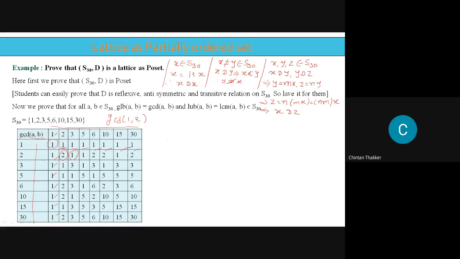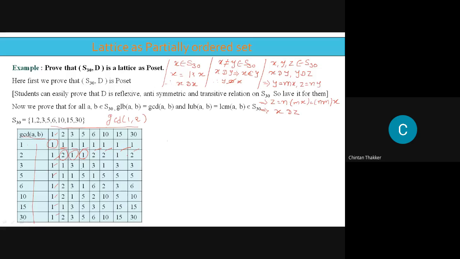They are co-prime numbers: 2 does not divide 3, 3 does not divide 2, and the common factor is 1. Then the GCD of 2 and 5 is also 1. Both are prime numbers, so the GCD of 2 and 5 is 1.